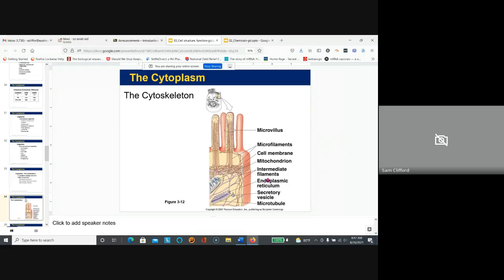The endoplasmic reticulum is where secretory vesicles move substances from the endoplasmic reticulum to create a stored protein that can be sent to the Golgi body and secreted out of the cell, such as insulin coming out of a pancreatic cell.